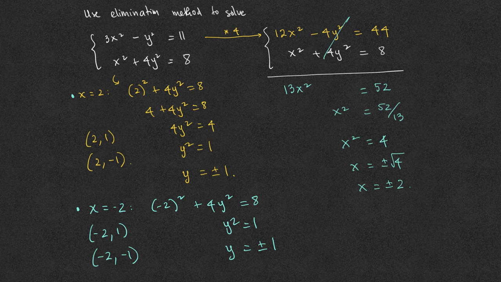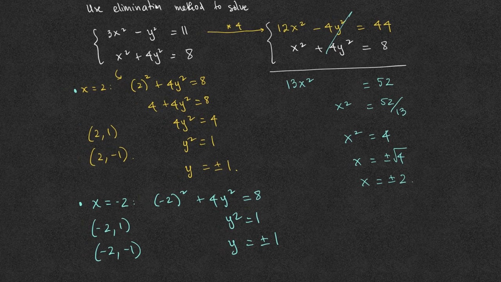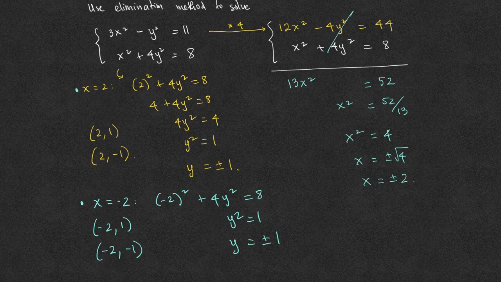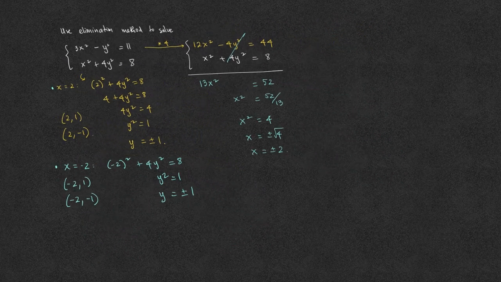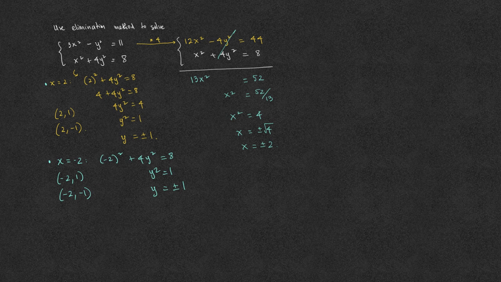We're not done yet. We still need to check to see if any of these is an extraneous solution. To check the solution, we just simply plug in one by one. For x equals 2, y equals 1, the first equation is 3 times 2 squared minus 1 squared, and we want to see whether this is 11 or not.